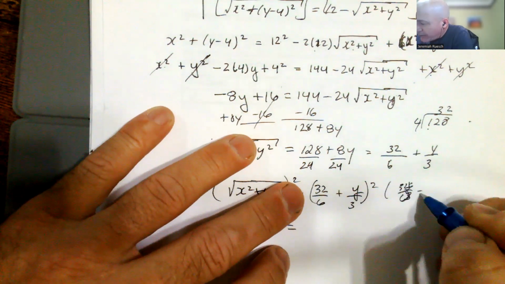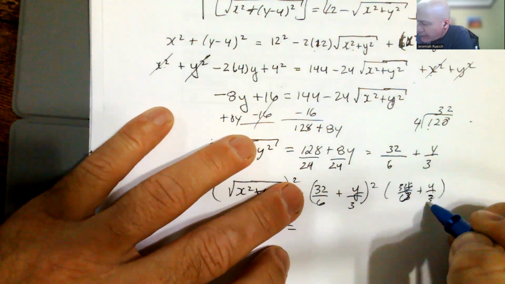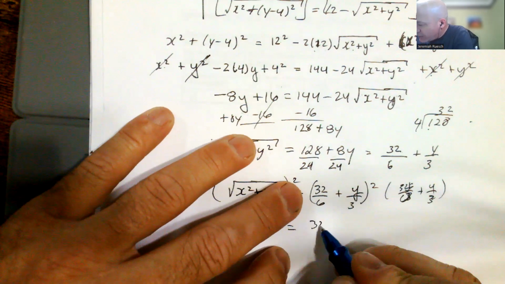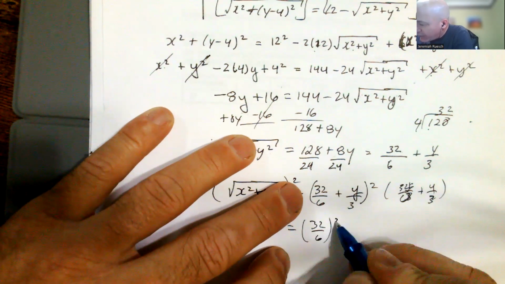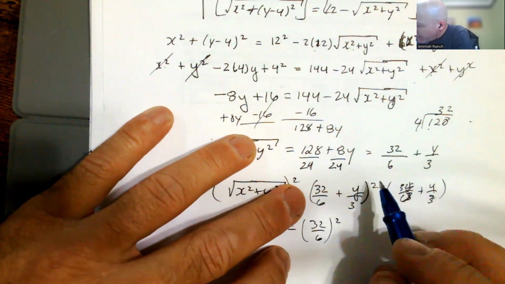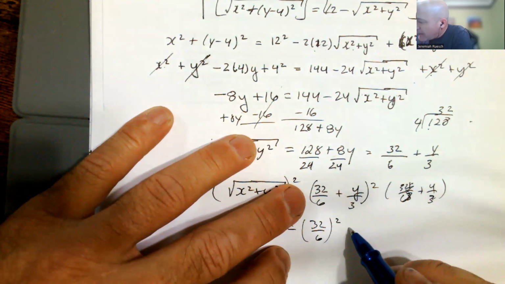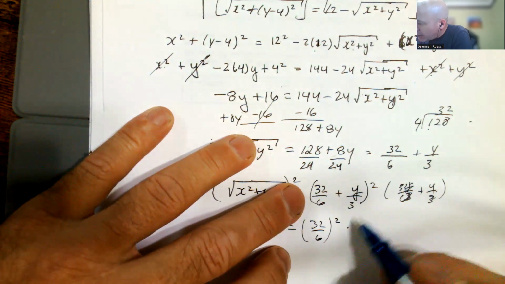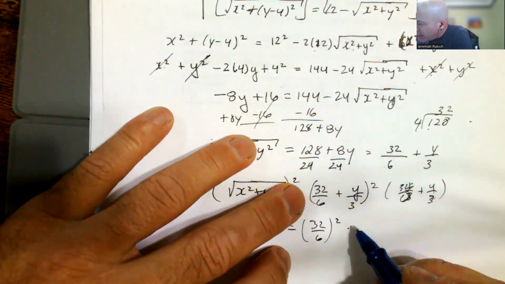32 over 6 plus y over 3, squared. So we get 32 over 6, I'm just going to leave that as 32 over 6 squared for now. And then let's see, I guess I could reduce that again, huh? Didn't think about that.